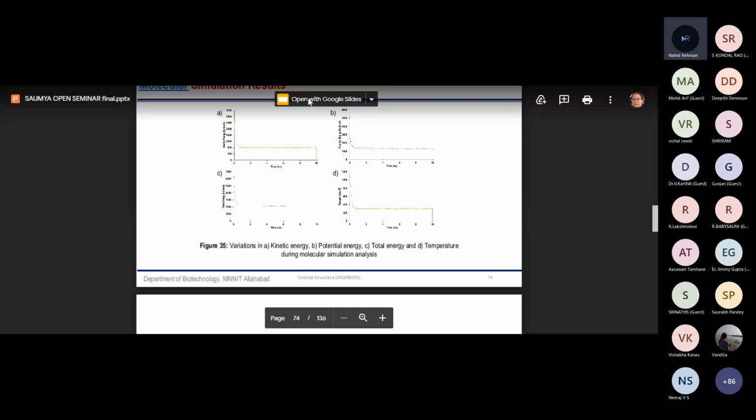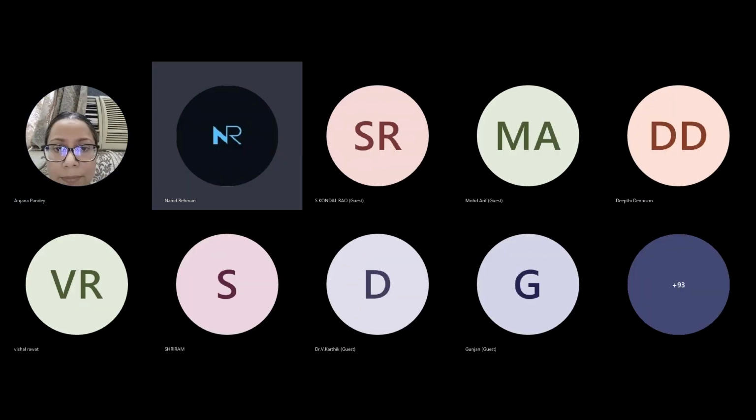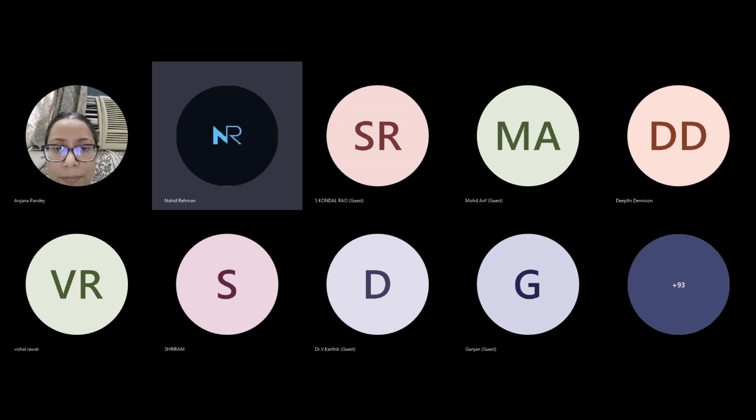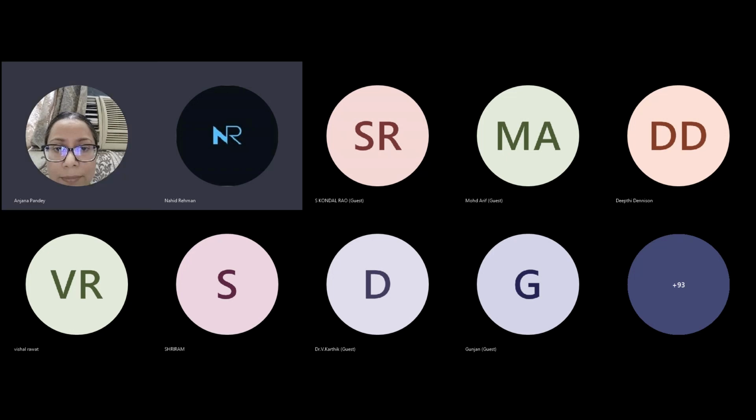So I will stop sharing it because it is the data of one of my students. I just wanted to make you acquainted with these new technologies and augmenting these nanomaterials.